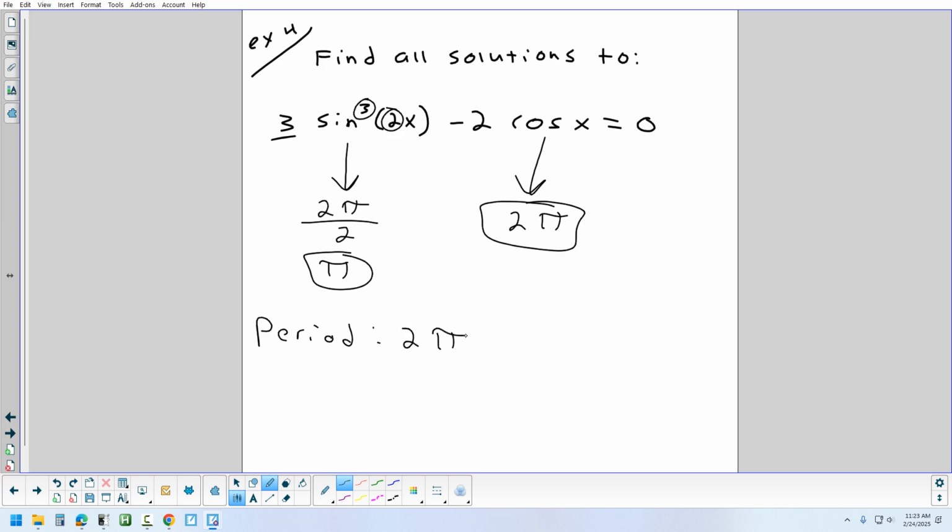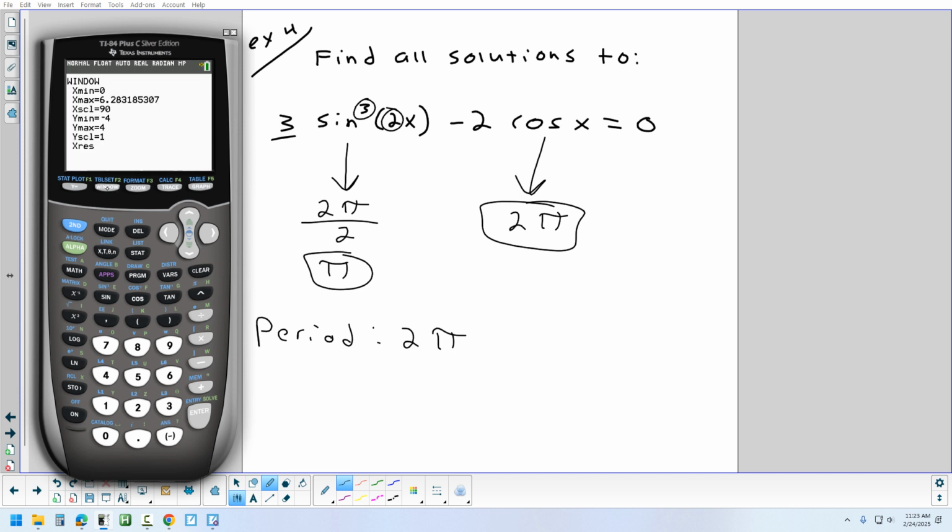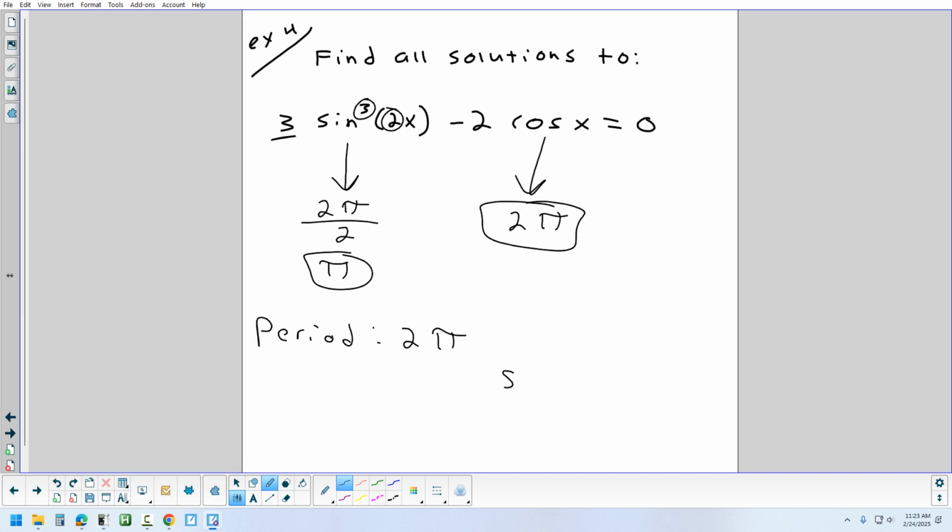Okay, so now did I zoom in? I don't think I zoomed in, so yep, I'm still good on my window. 0 to 2 pi. Now let's see if we can type all that in. Just to make it clear what this means, sine cubed 2x, that's how you can write it on paper.